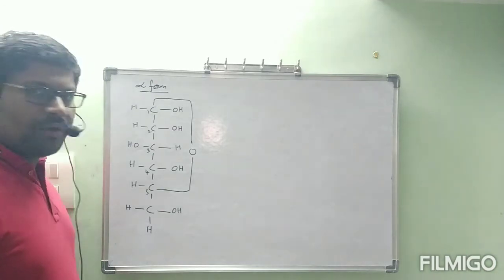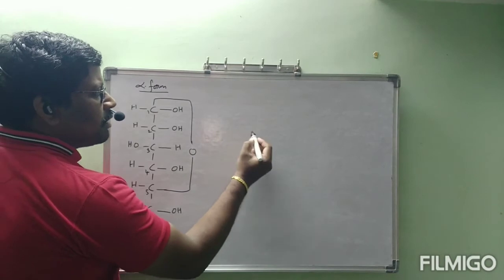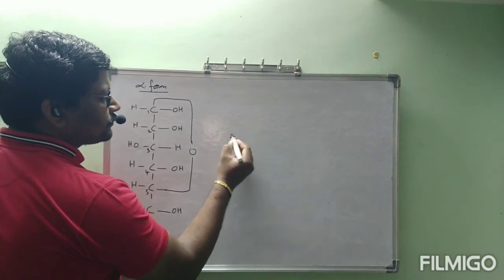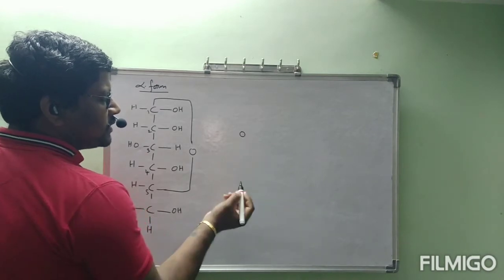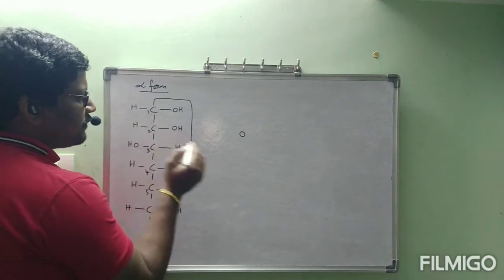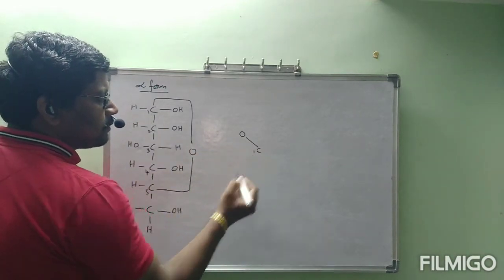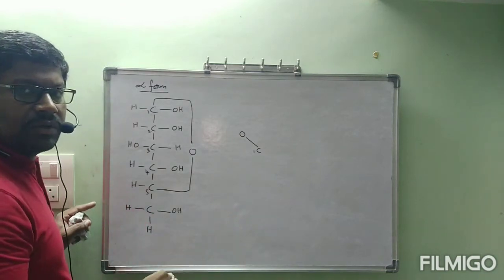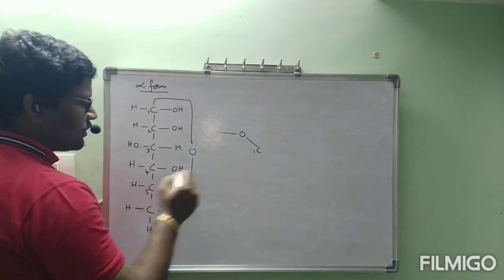Okay, now how are we going to show that Haworth structure? Already we have written oxygen here. In a small way I am representing oxygen here. The first carbon I wrote on the right side. Next, oxygen is bonded to the fifth carbon.